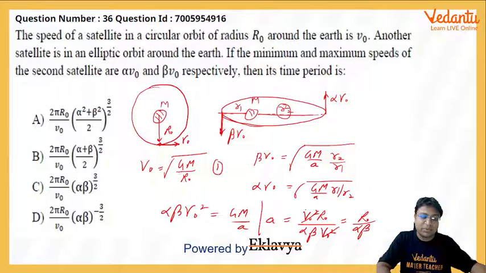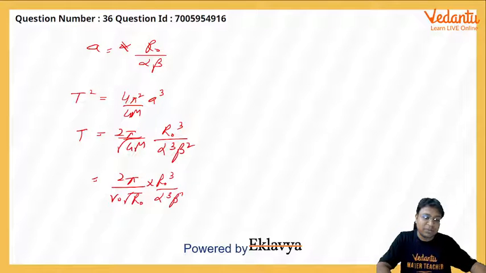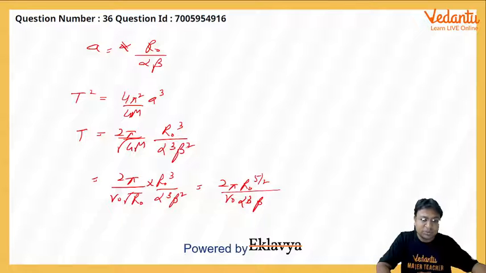We can see from here root GM will be v naught into root r naught, so that's into r naught raised to power 3 upon alpha cube beta cube. So this becomes 2 pi r naught raised to power 5 by 2 divided by v naught alpha cube beta cube.